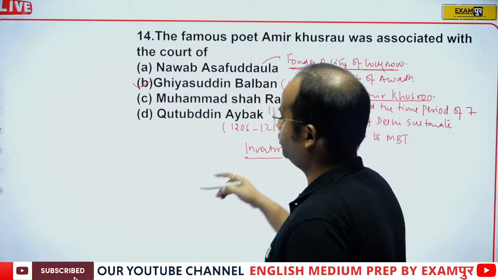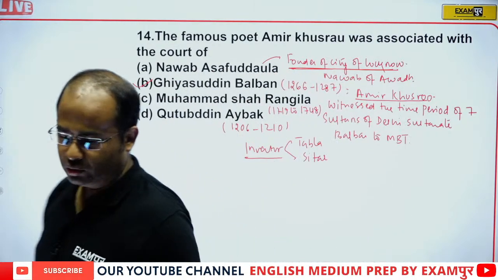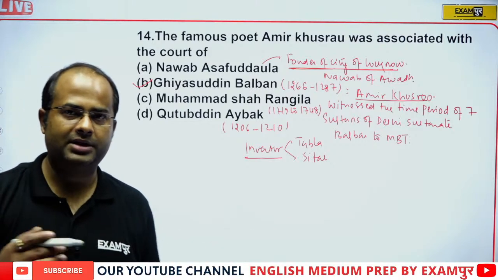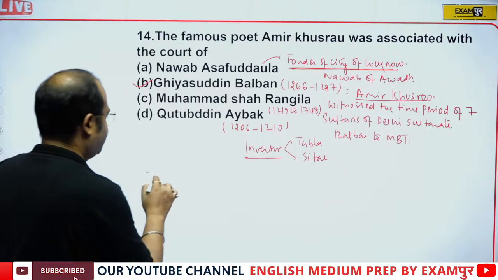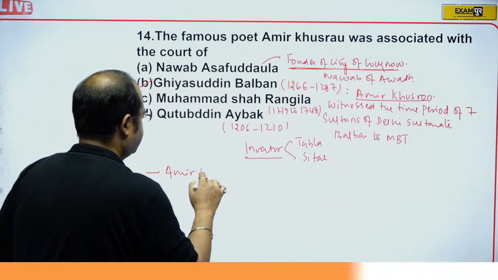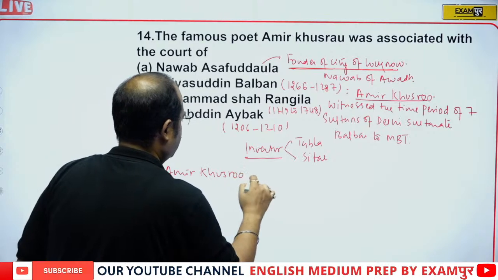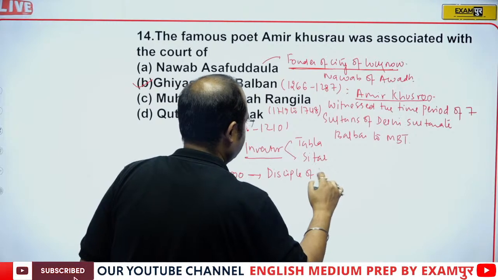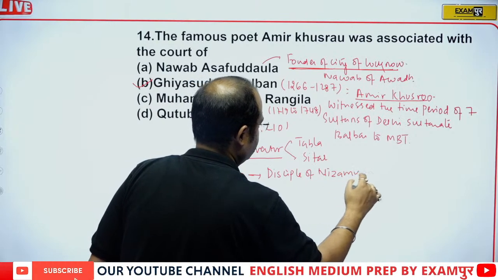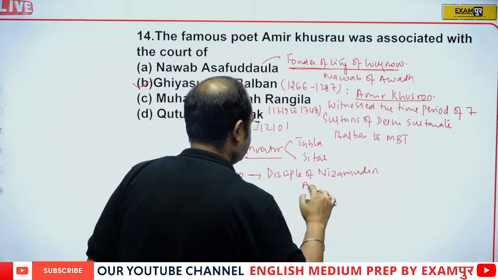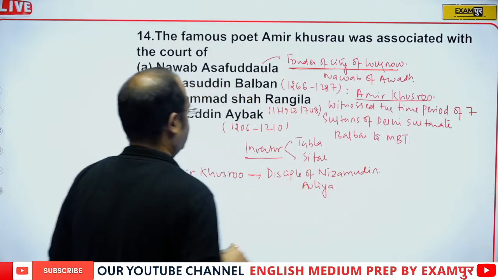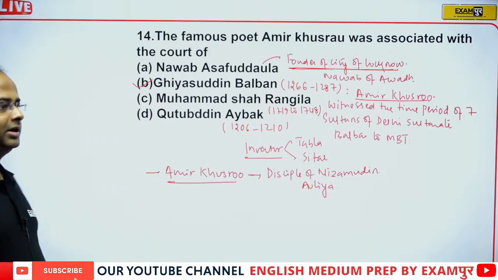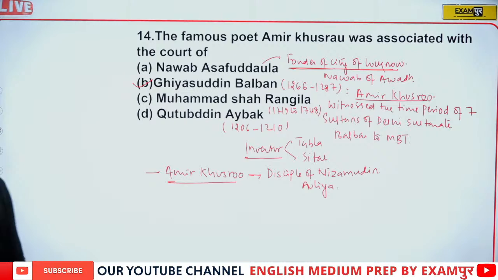And the tomb of Amir Khusro, guys, is located in Delhi, in the Nizamuddin Dargah complex, because Amir Khusro was a disciple of Nizamuddin Aulia. So the correct answer will be, guys, option B, that is Ghiyasuddin Balban.